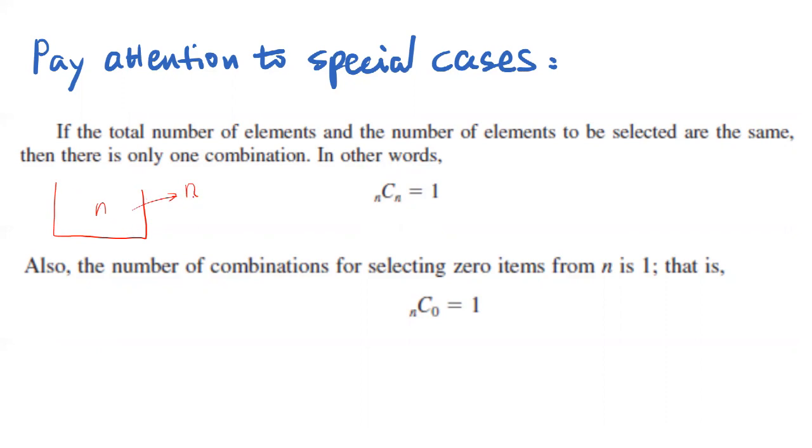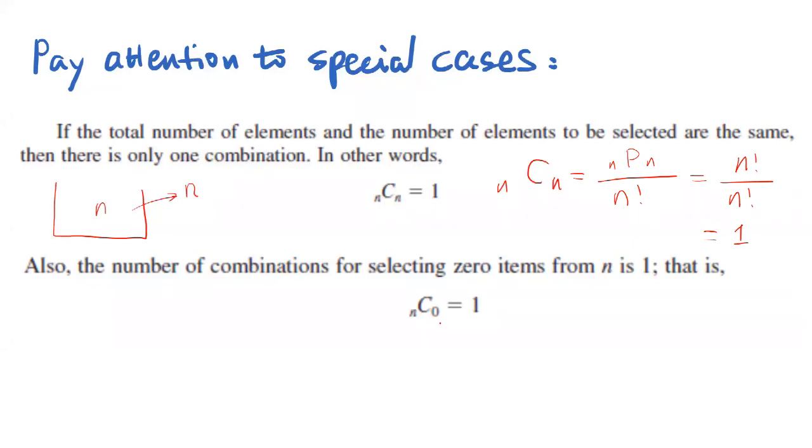How many ways can it be done? It's only one way, which is to pick all of the elements out. So CNN is always 1. Or you can use the formula. CNN is Pnn divided by n factorial. Pnn is n factorial, divided by n factorial is also 1.